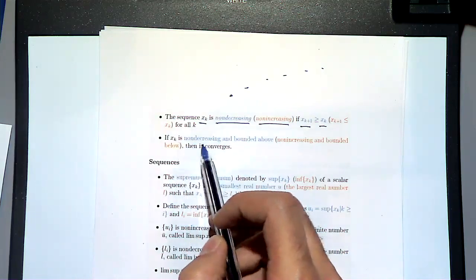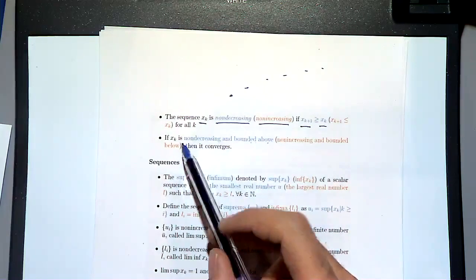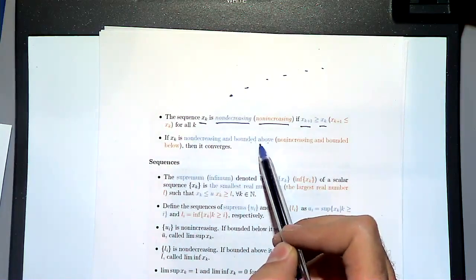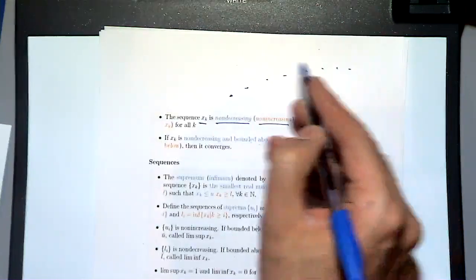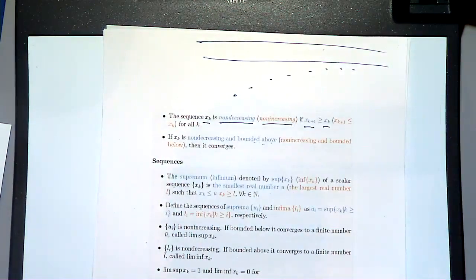If a sequence is non-decreasing and bounded above, for example in this scenario, then it definitely converges. It doesn't mean that it converges to that particular bound, but it will converge somewhere, because I can have multiple bounds. The same thing applies to a decreasing sequence which is bounded below.